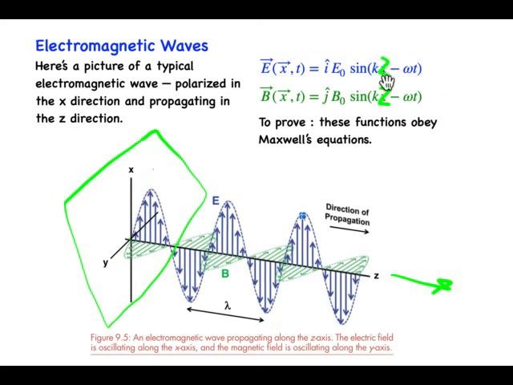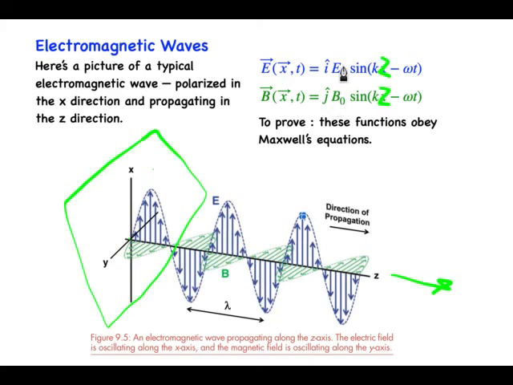I call it sine because if I set t equals 0, this would be a sine function, sine of kz. And the magnetic field is the same sinusoidal function, sine kz minus omega t, but it's in a perpendicular direction, j hat, and it has an amplitude B0.